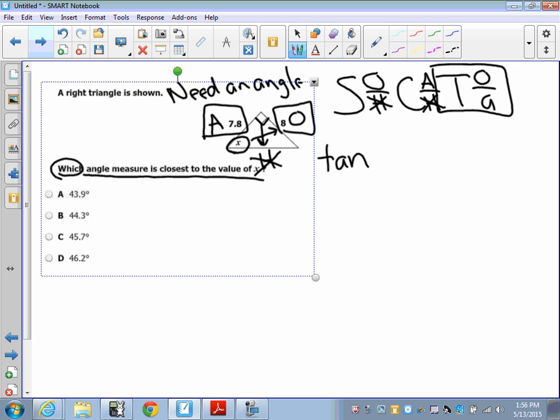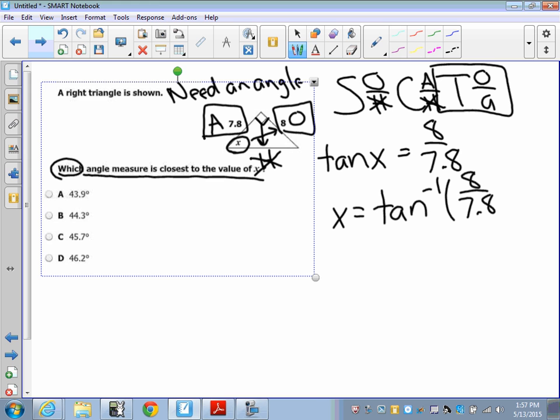So just like with sine and cosine, we always put the angle next to tan. This time the angle is x. It's going to be equal to opposite 8 over adjacent 7.8. So this time we have x next to sine, cosine, or tangent. So to solve this, we have to use arctan, or tan negative 1, 8 over 7.8.